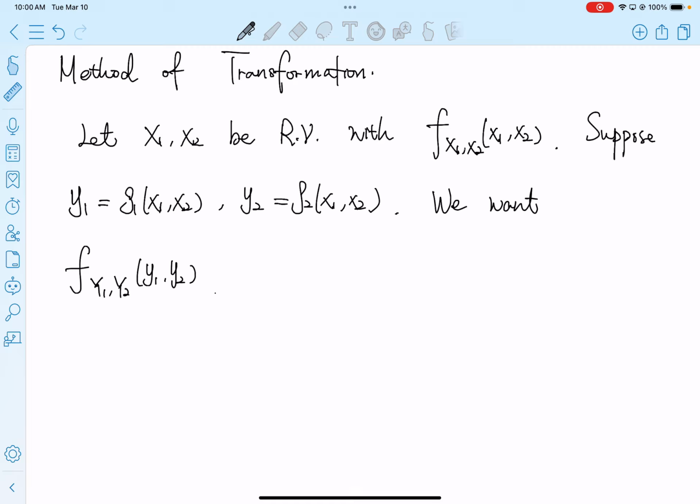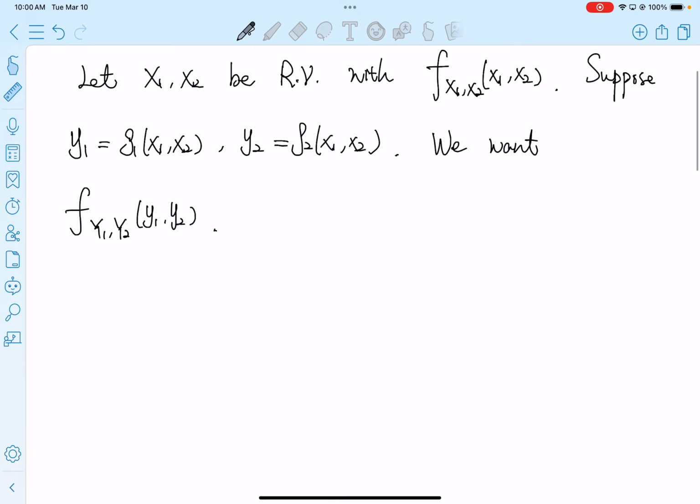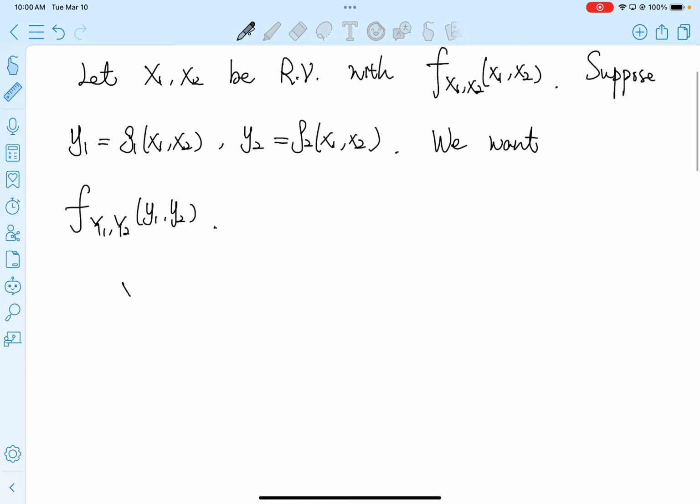What we can do is first find the inverse function for the original random variables. Back then we used the function h to denote the inverse function. The inverse function takes y1 and y2 as input and gives you x1, your original random variable, back.